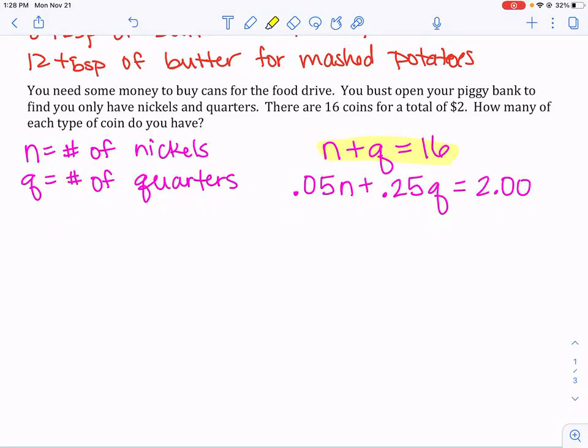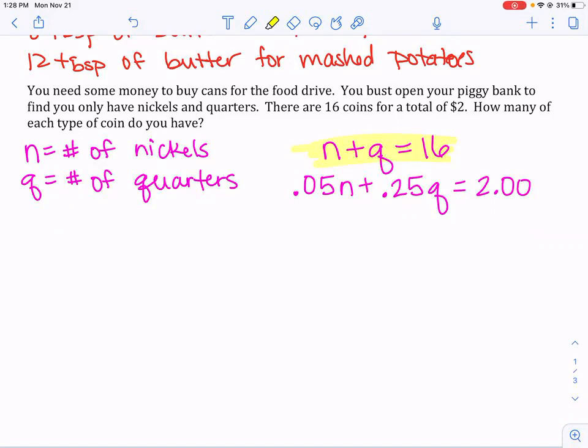Why do you need a calculator? Eyes up here. Is there a variable with a coefficient of a positive 1? There's 2 of them. One N and one Q. So let's take this guy and solve for one of the variables.